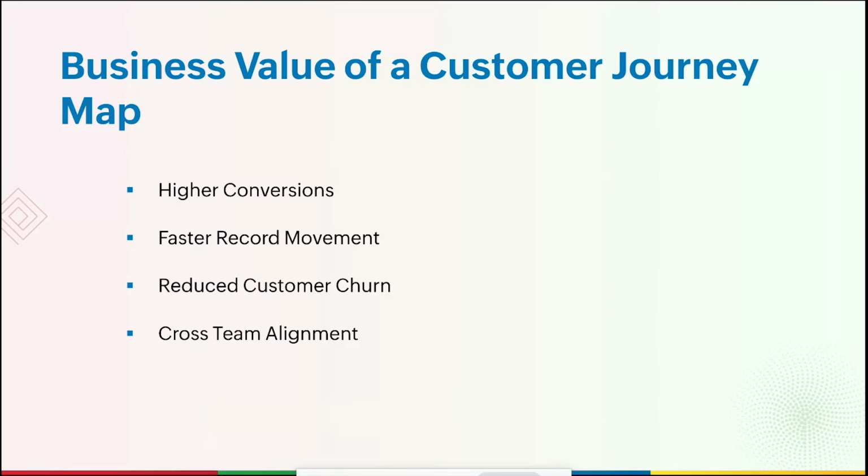The business value that we would see from insights like this is higher conversions. You can automate timely follow-ups or success calls right when the leads get stuck or start losing interest. These are things that you'll be able to find in the map. Faster record movement, because the map shows you what actions drive progress and how records move faster through the journey.